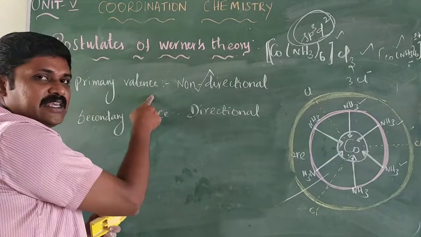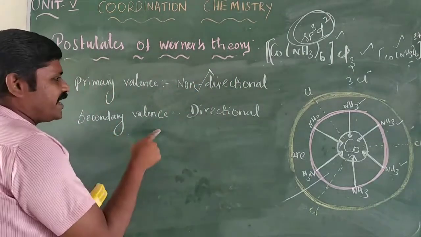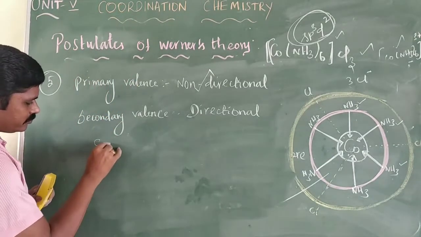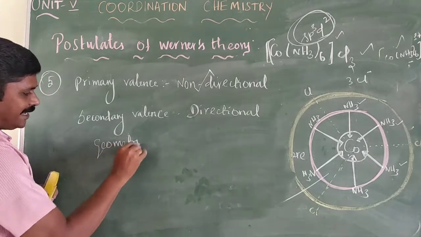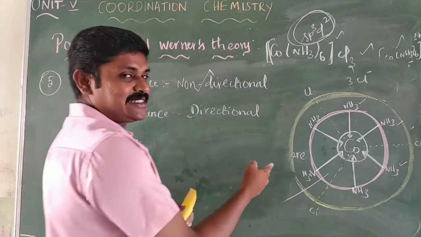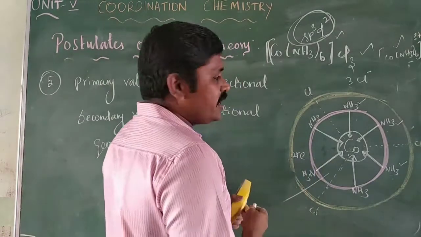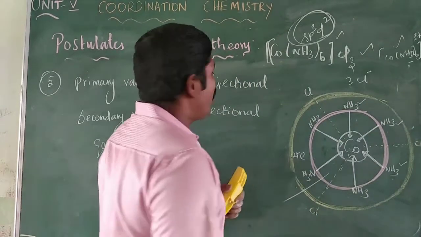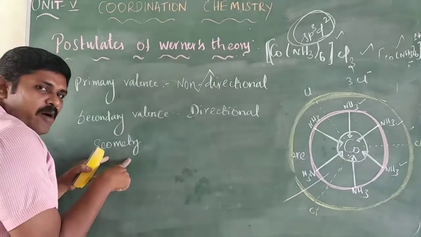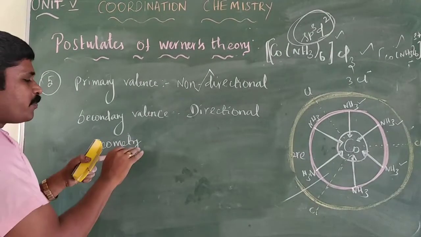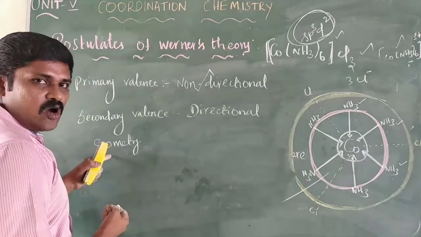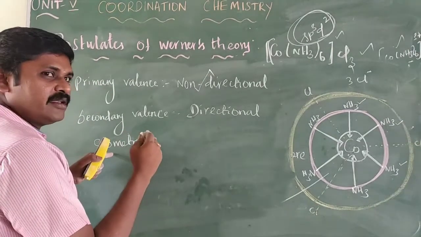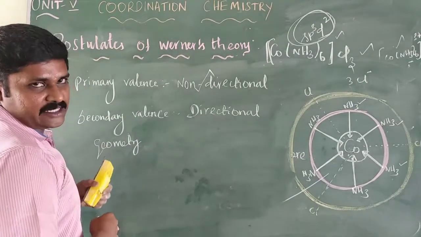So the primary valence is non-directional in nature and the secondary valence is directional in nature. The geometry or polyhedron of the complex is determined by the three-dimensional spatial arrangement of the ligands with the central metal atom. You already know this from the previous video, the defined coordination polyhedron or geometry.